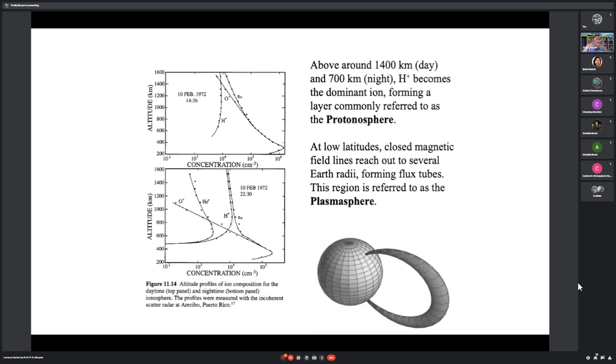So over the equator, the magnetic field lines are almost parallel. Not exactly, but almost parallel. And then you have these field lines slowly dipping towards the Earth's surface.